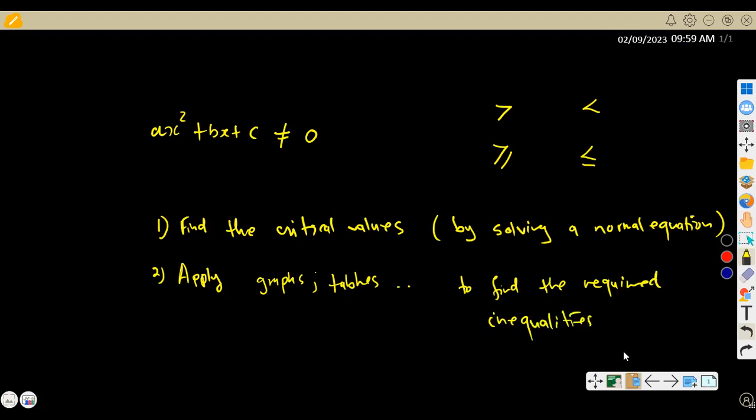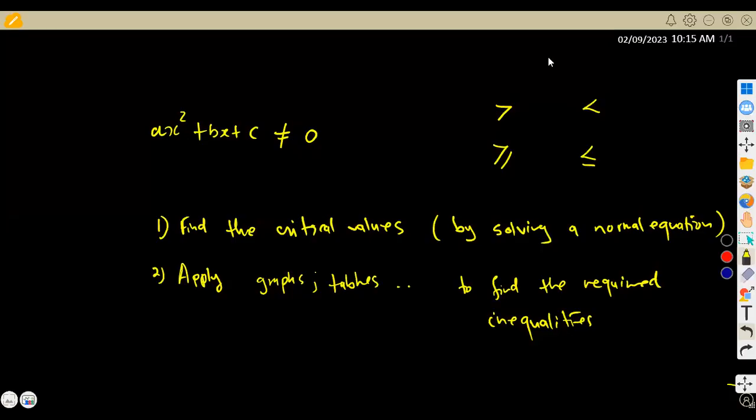So what am I trying to say, guys? We are dealing with an inequality here, not an equation. You have the values of x, then you are going to apply the graphs, or some can even apply the table.